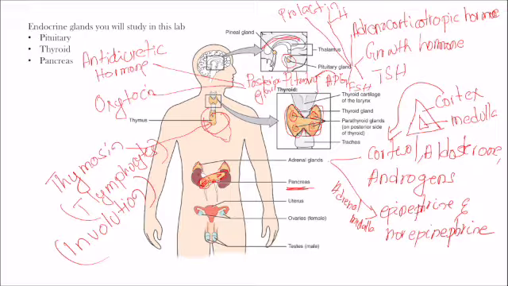Any exocrine glands, for example salivary gland or sebaceous gland, which is the oil gland, have ducts. If anything is produced, it goes through the ducts and is released outside.